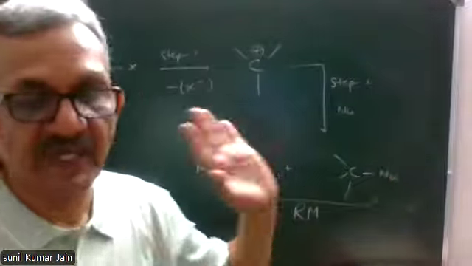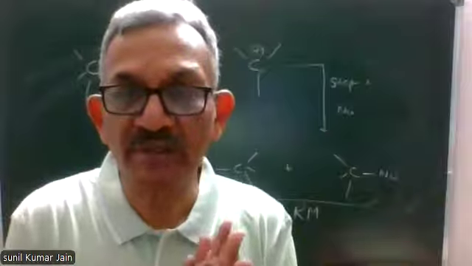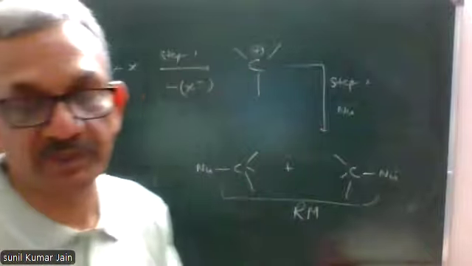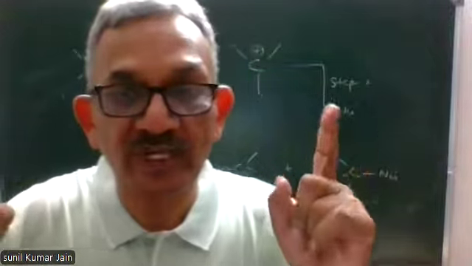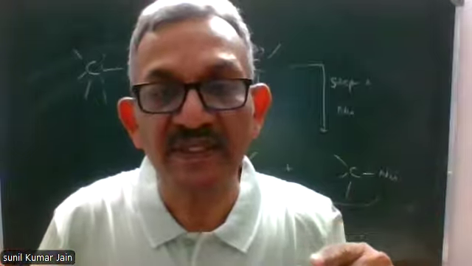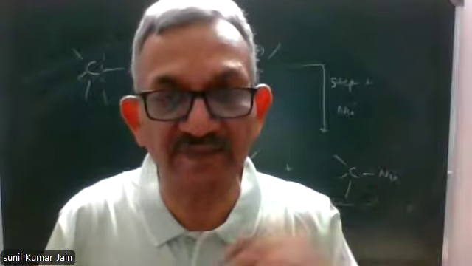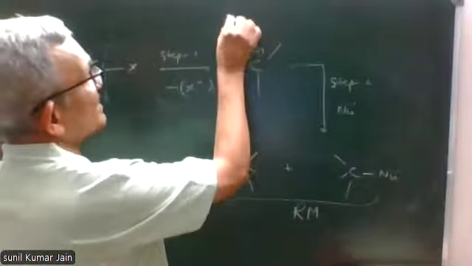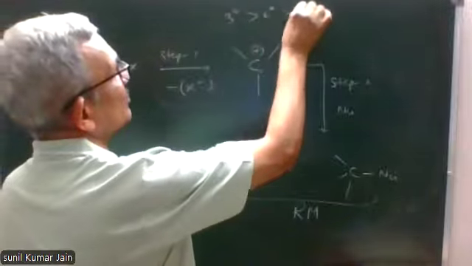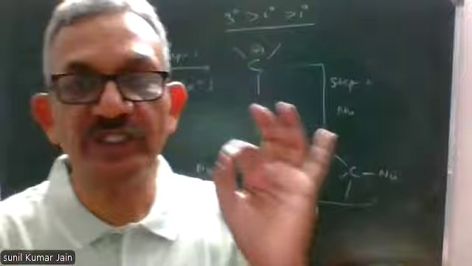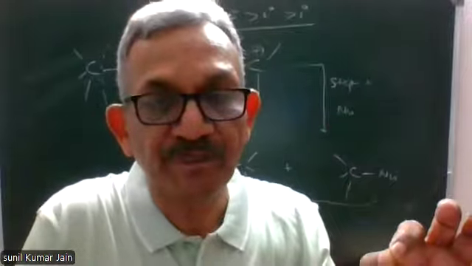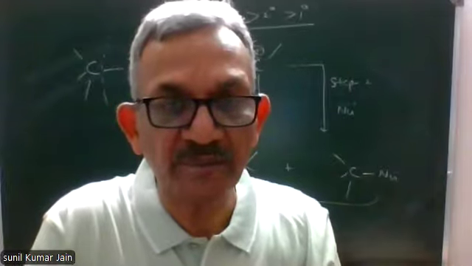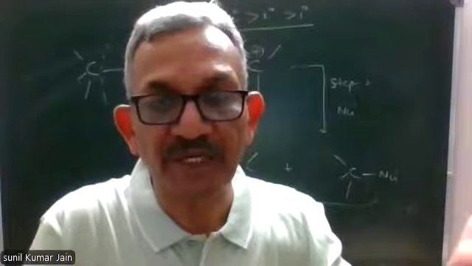Now, I've told you both the steps. Now coming to the reactivity order by this mechanism. In step 1, a carbonium ion is formed. You studied about stability of carbonium ions on the basis of hyperconjugation in 11th standard. So according to hyperconjugation, stability of carbonium ions is tertiary more than secondary more than primary. Since the tertiary carbonium ion is most stable, it will be easiest to form, followed by secondary and then primary.